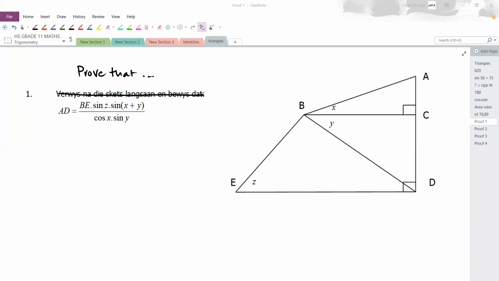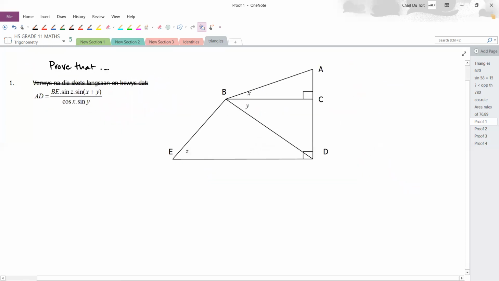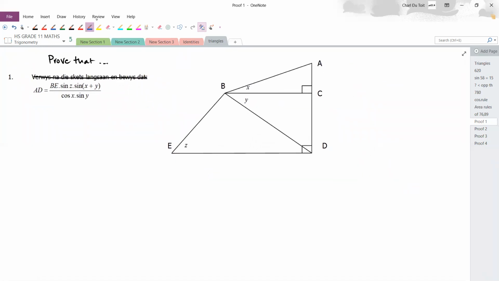Now I'm going to write a method down for you. You are going to struggle to understand the method, but as I do the sum, you'll know exactly what I'm talking about. The first step is to start with what they ask.